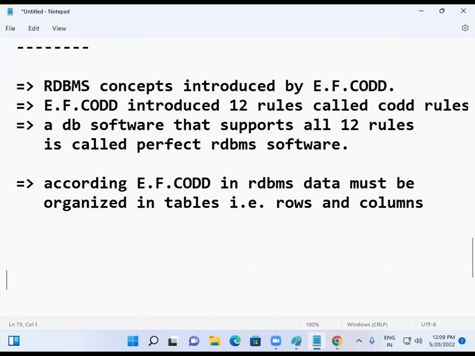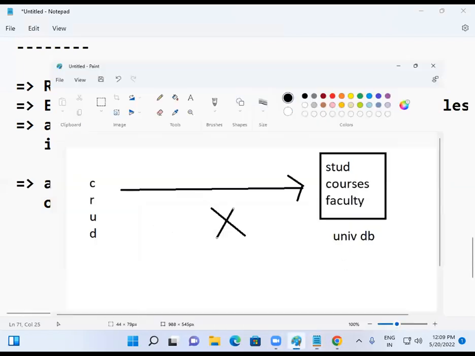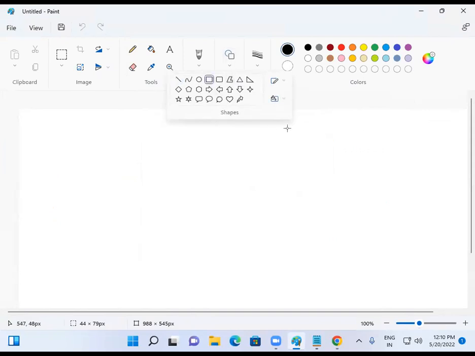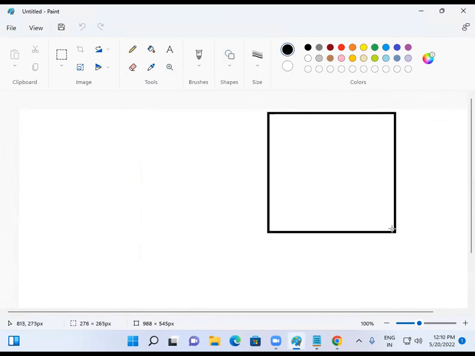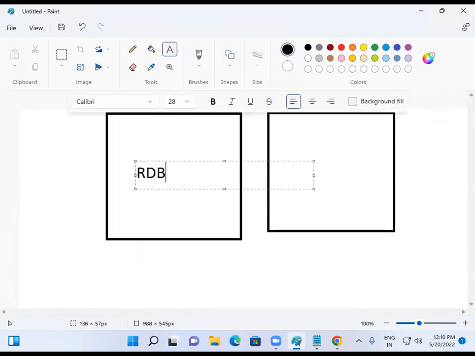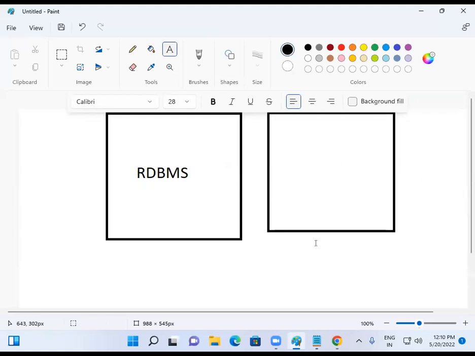Inside the database, how do you organize the data?